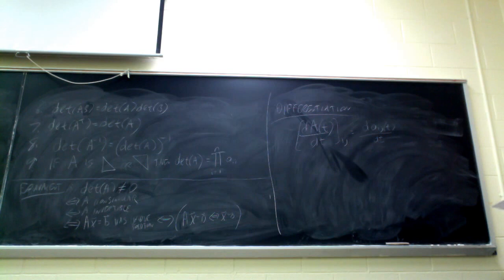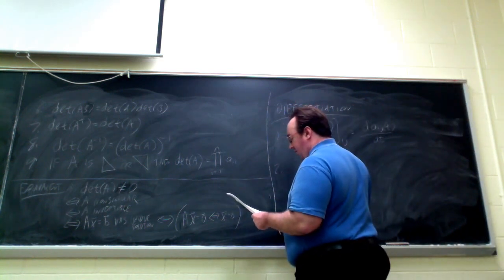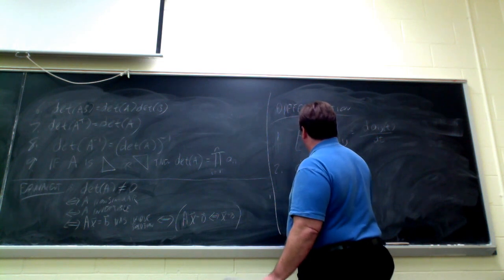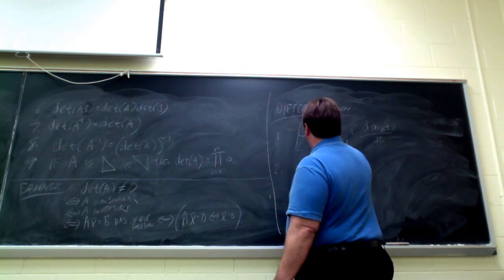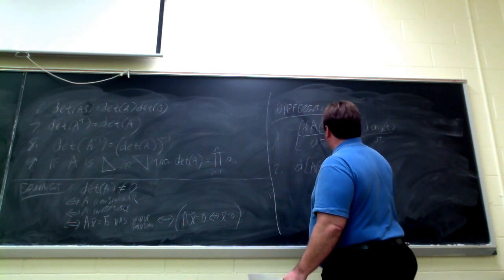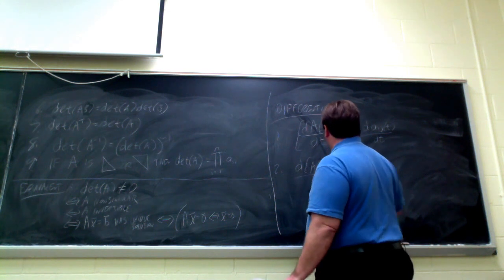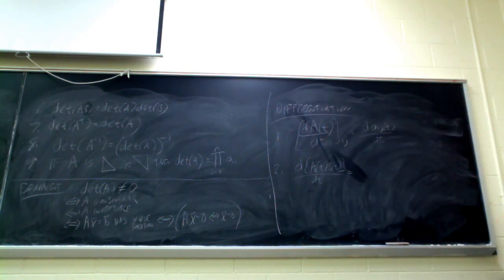You tend to be careful with matrix multiplication. So for instance, if you have a product of matrices, where each entry is a function of some variable, then the product rule applies, but A and B, or their derivatives, have to be multiplied in the same order.